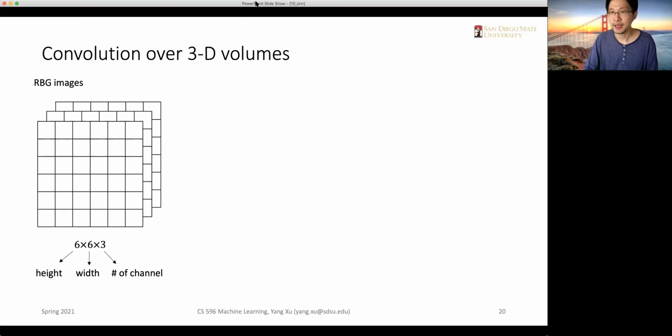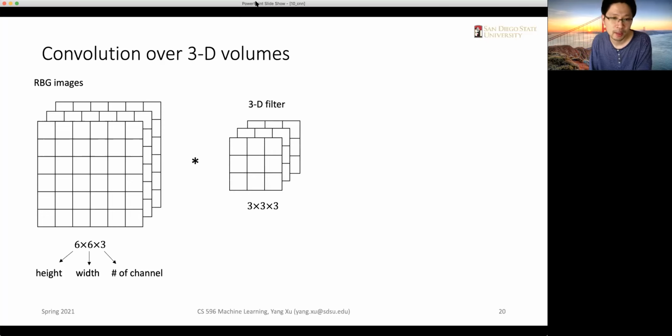In fact, this is the most commonly seen case for our convolutional neural network applications, because nowadays the image data and the video data are 99% in colored formats.